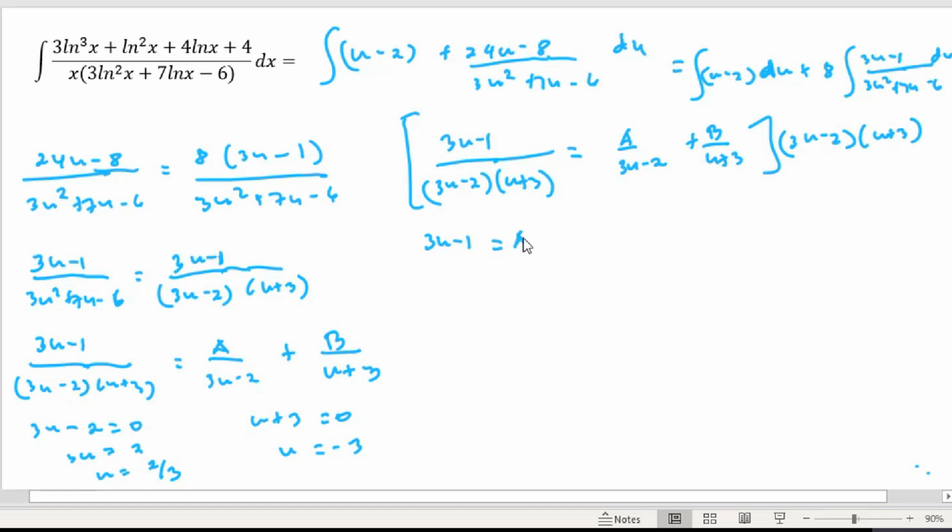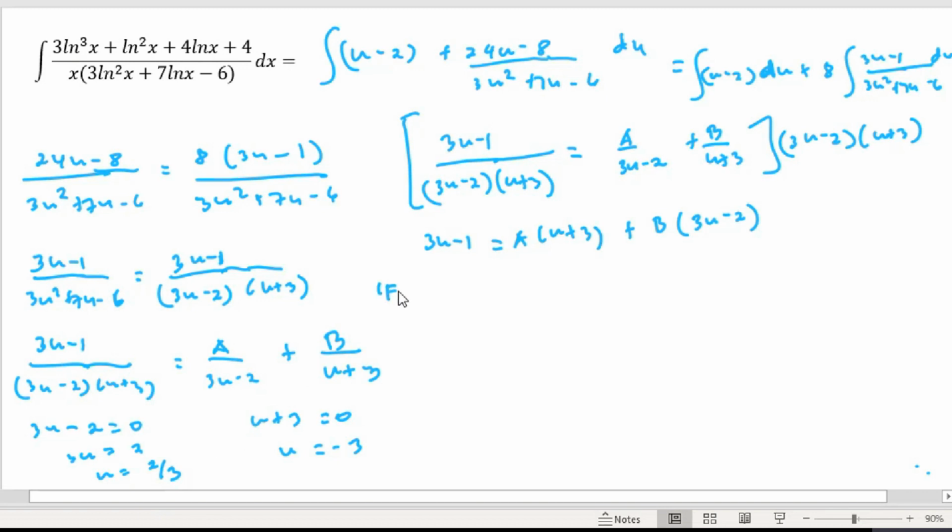So I can write a times u plus 3 plus b times 3u minus 2. Since I already solved for the value of u, I will now substitute the value of u in this equation.